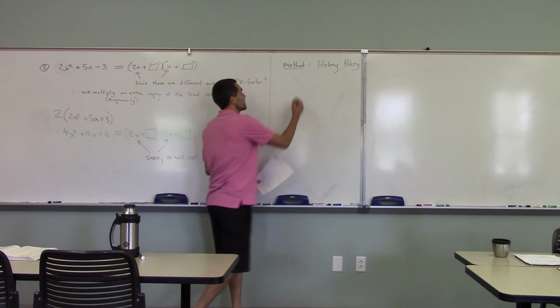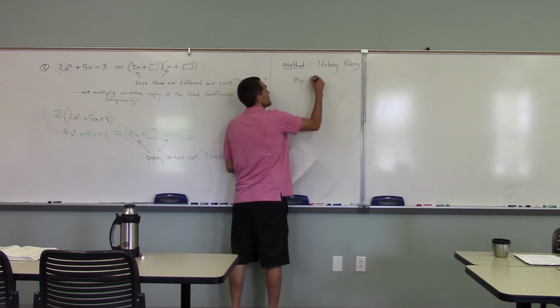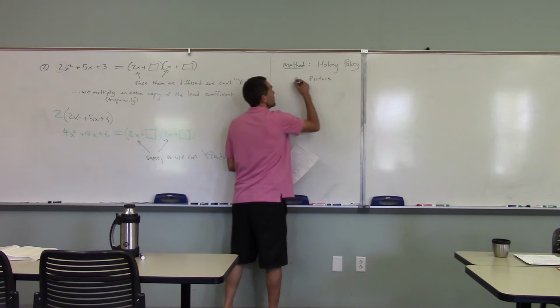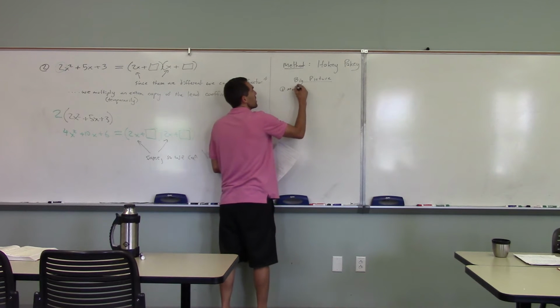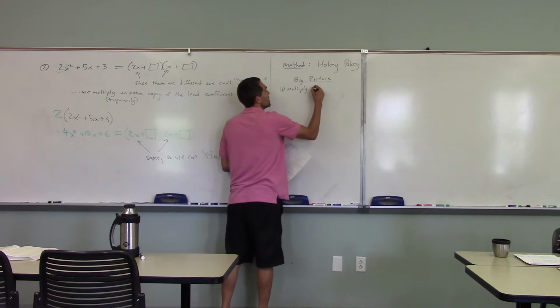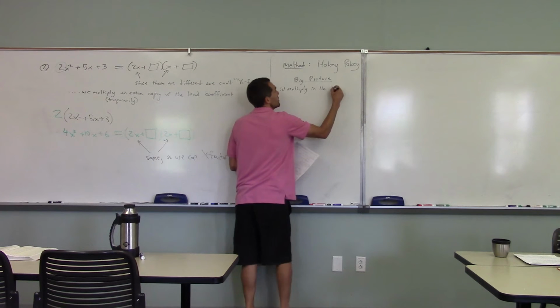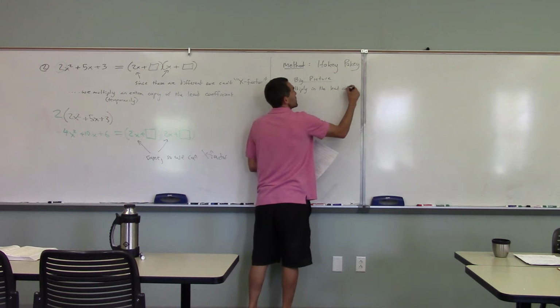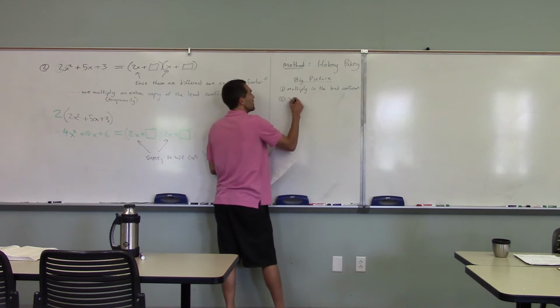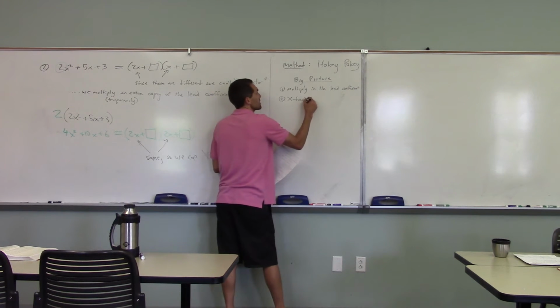Right, and big picture, this is what we're doing. As an abbreviated version, we're multiplying in the lead coefficient, x factor with the old middle term and new last term, then divide out the lead coefficient.